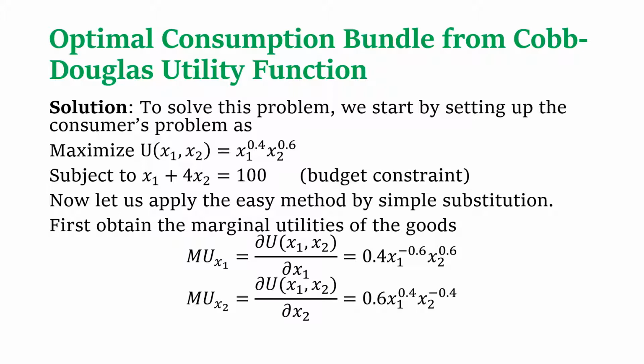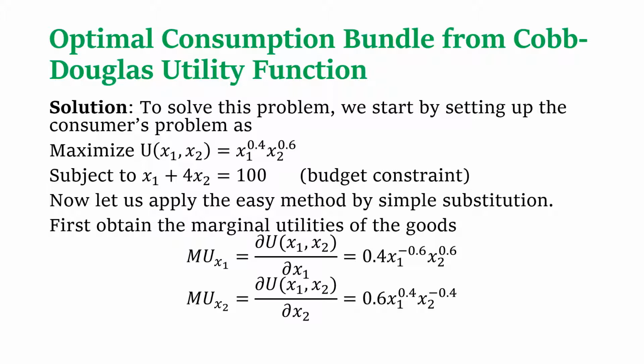That is x1 to the power 0.4, x2 to the 0.6, times 0.4. But remember, we always need to subtract 1 from the exponent. So I'm differentiating with respect to x1, so I am going to take 1 from 0.4. So 0.4 minus 1 gives us minus 0.6.